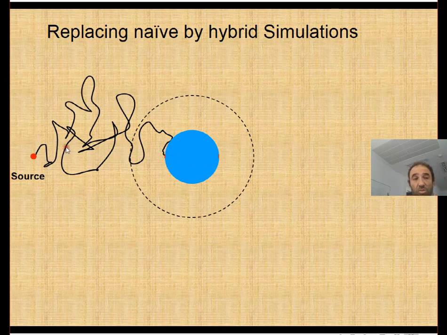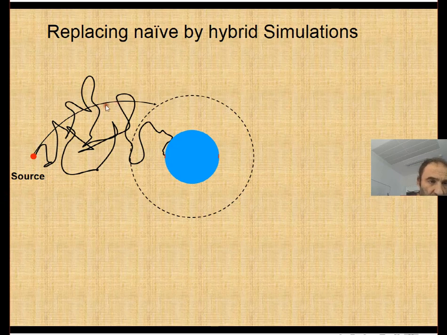If you do this, you have to wait quite a long time, especially if your domain is not bounded. We know in dimension 2 that with probability 1 it will ultimately come here, but you have to wait basically an infinite time.